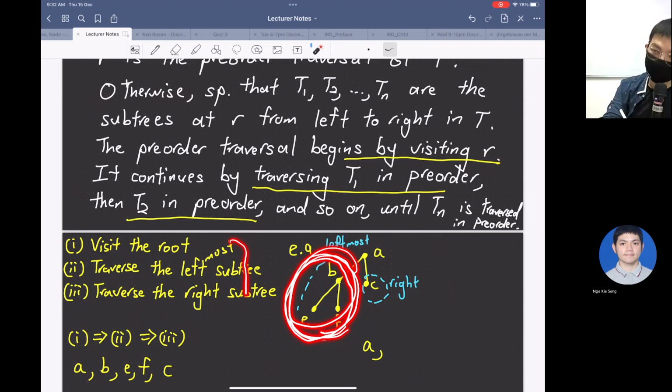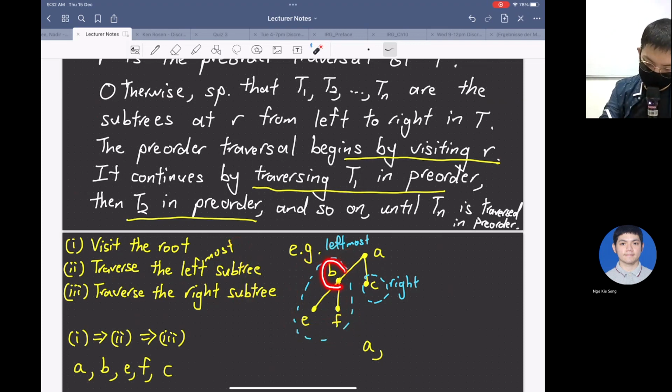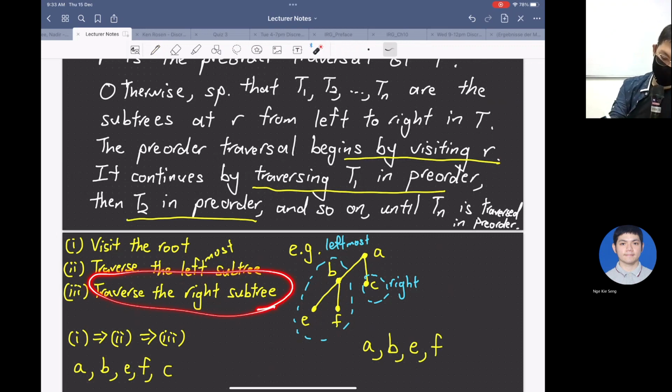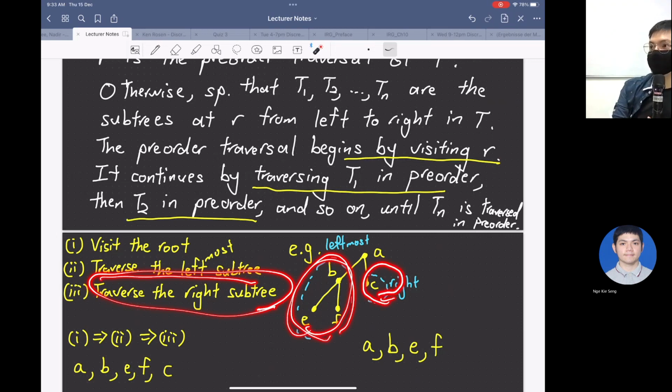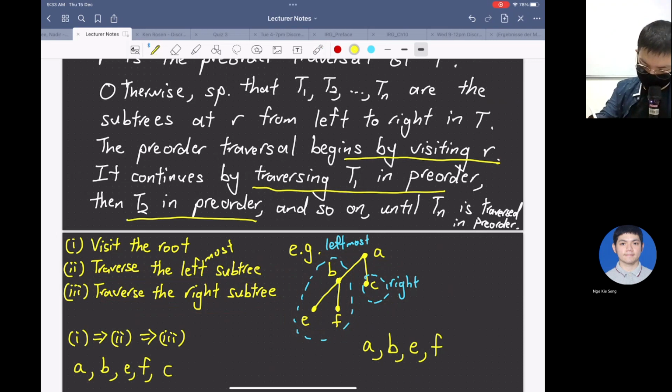So you need to go through this process: visit the root, traverse the leftmost subtree, and traverse the right subtree. And then you continue the previous algorithm. Because you finished traversing the leftmost subtree, you need to traverse the right subtree. So you can see.